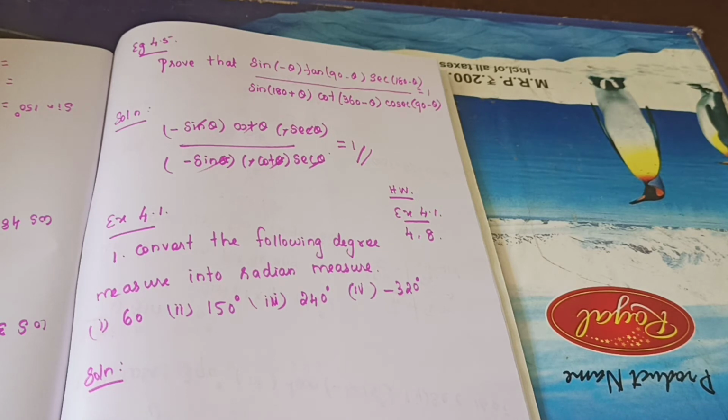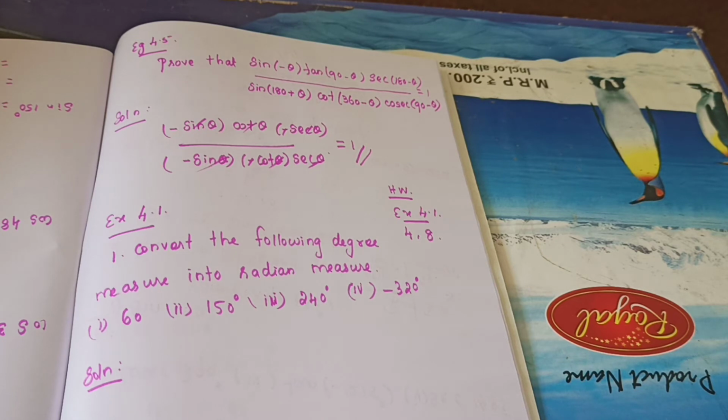In last day's class we did the same model, so we will do it now. What will you do? If it is in degree measure and we need to convert to radian, we will multiply by pi by 180 degree.